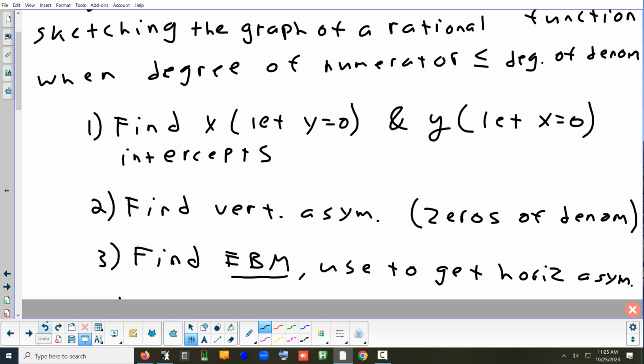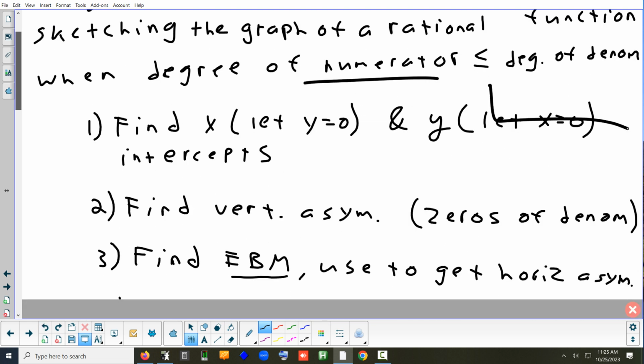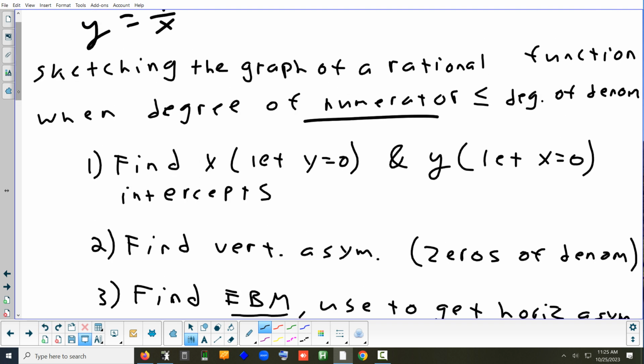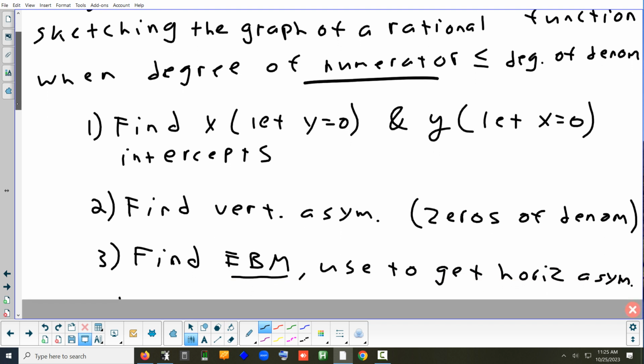There is always 1 horizontal as long as the degree of the numerator is less than the degree of the denominator. Okay, so what I'm writing right here only applies when the degree in the top is equal or smaller to the bottom. When it's not, then no, horizontal asymptotes go away.